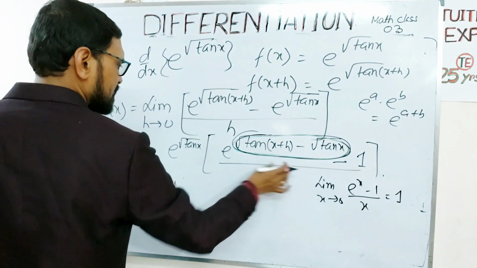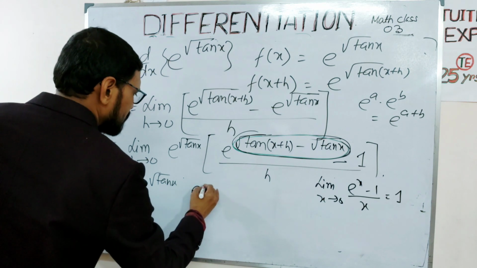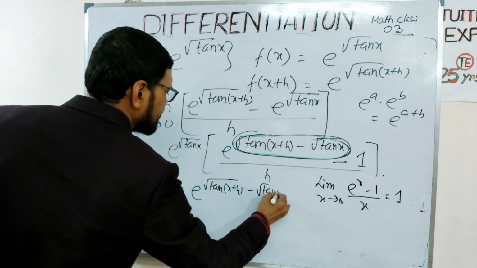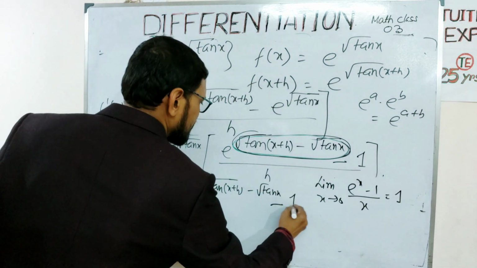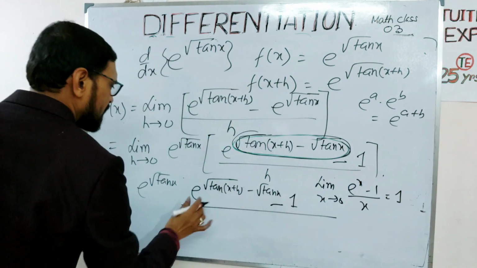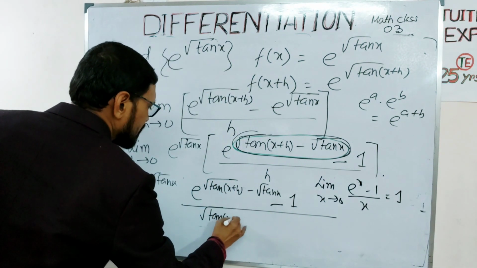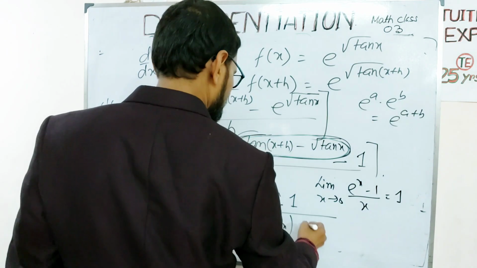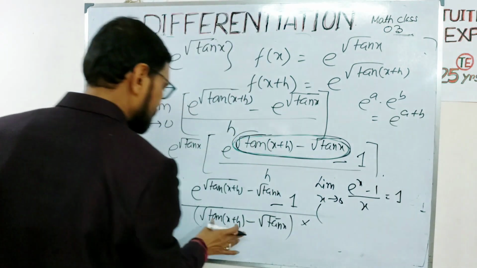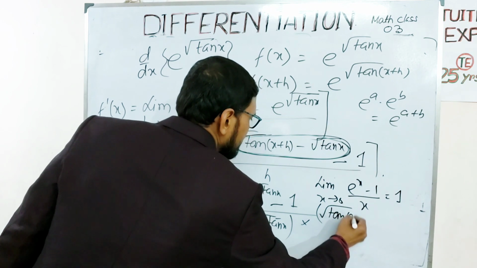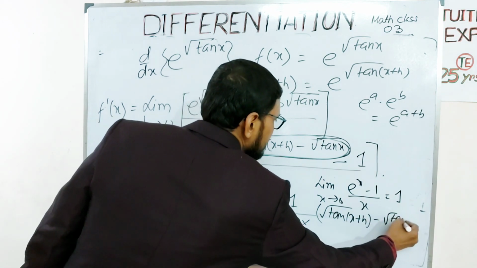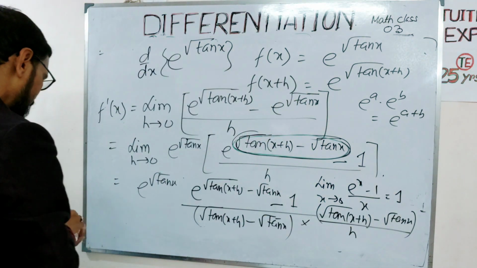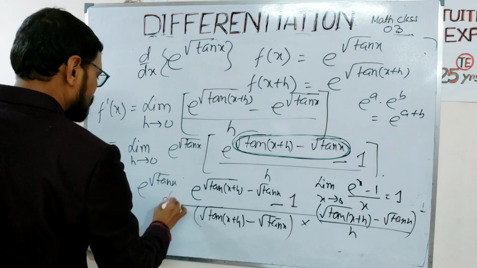So we have to adjust this, that is e to the power root tan of x plus h minus root tan x, minus 1. We have to adjust this term here, and one h. So we have to multiply root tan of x plus h minus root tan x by h. We have to adjust this. Now the whole term is the limit, limit h tends to 0.